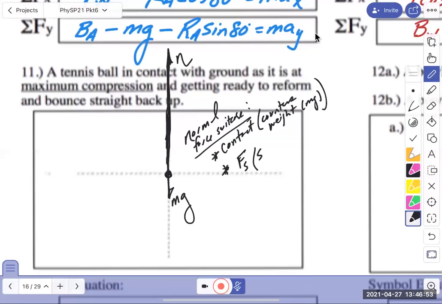I should have put spring forces on the front. Go back to the front where it has your table of forces. Add capital T for tensile force, and add F sub S for spring force. So it's like the tennis ball is a compressed spring, and it's ready to fire back up.